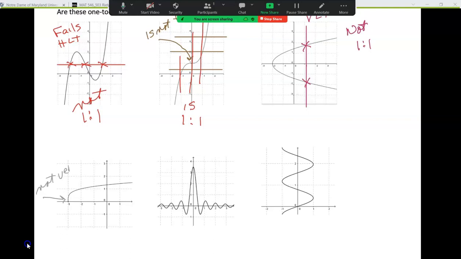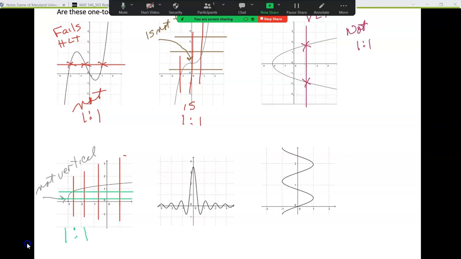Okay, so I'm just going to tell you that that's not vertical. So when I try to do my tests on it, here comes my vertical line tests. We're okay, especially since that section is not vertical. What about the horizontal line test? That's going to be okay. I'm only hitting one place. So this is one-to-one.